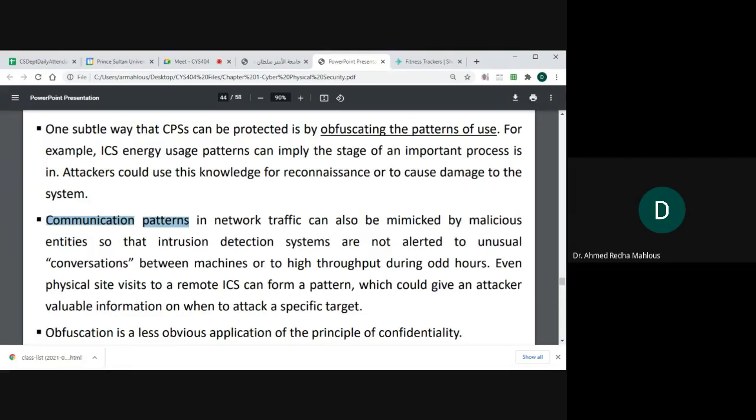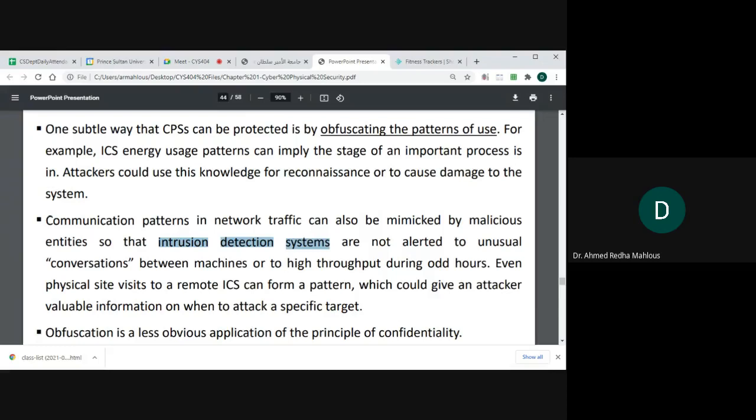The same thing applies when we talk about creating communication during odd hours. You know that normally the communication between the machines will be done during daylight, for instance from 9 to 5, which is the working hours of that manufacturer. But if the IDS detects that communication is happening at night, when supposedly no machine is working, there should not be any communication between devices, and it will trigger the IDS.